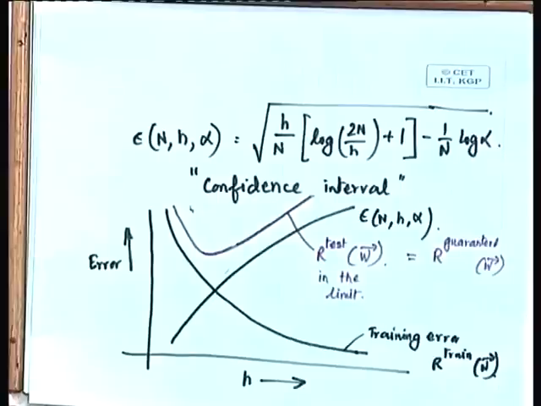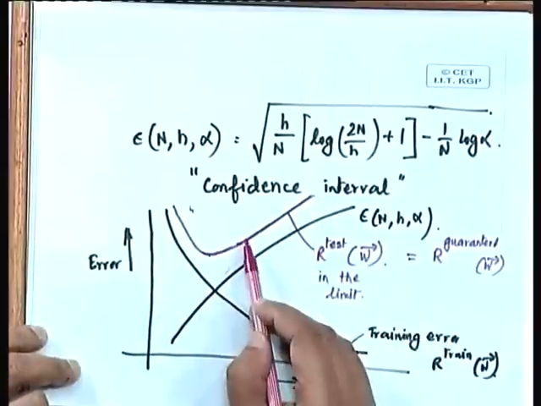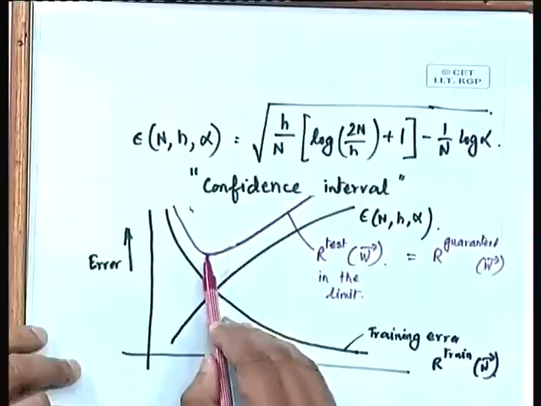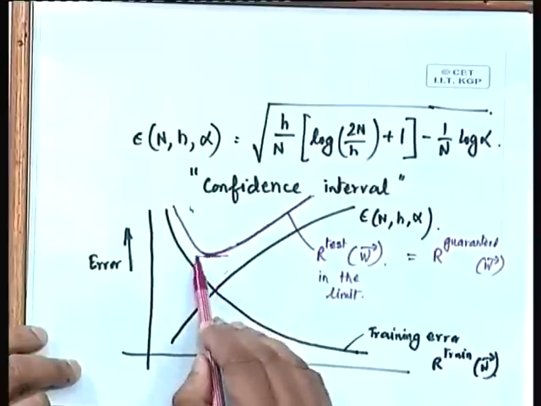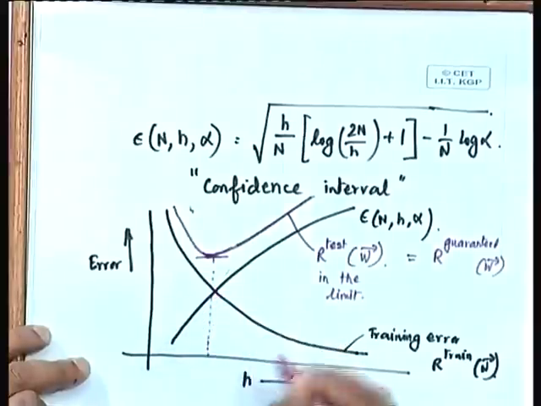But definitely when we consider the bound, we have to be very careful about this characteristic, that at least this is the place where we find that there is a minima, and this is the minima that we should look for. Why? Because that gives the best generalization capability. The corresponding value of H should be somewhat the optimal value of the VC dimension, which we must consider.